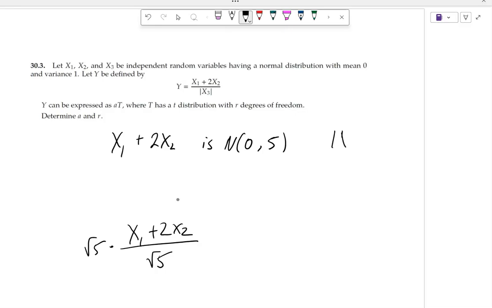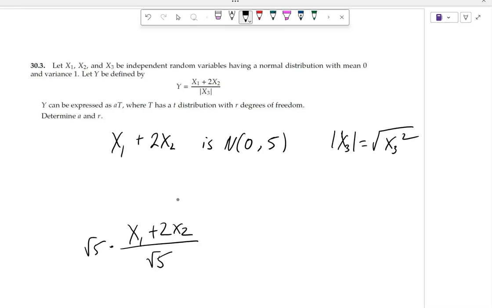Now, absolute value of X3 is the same thing as the square root of X3 squared. They're just being a little bit trickier there. Remember when you do the square root of a square, you don't just get the inside, you get the absolute value of the inside, because the squaring kills any negative that might have been in there. Okay. X3 is standard normal, right?